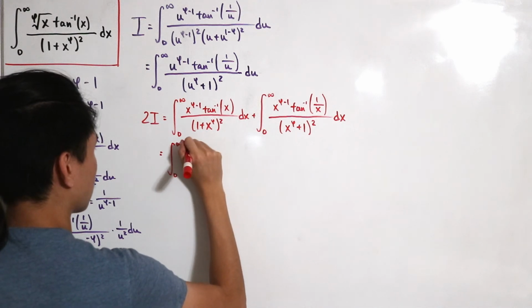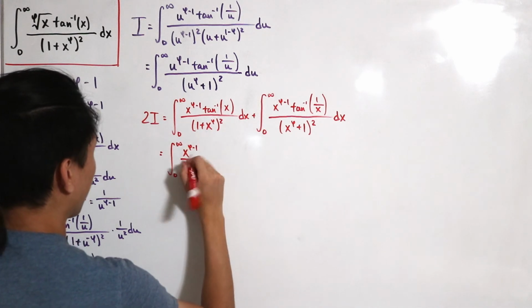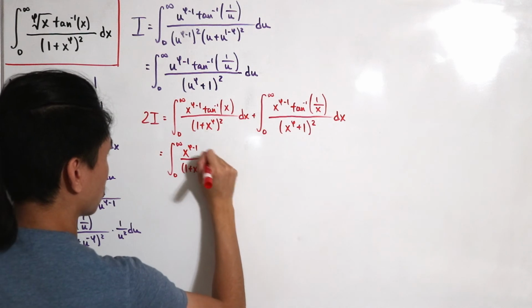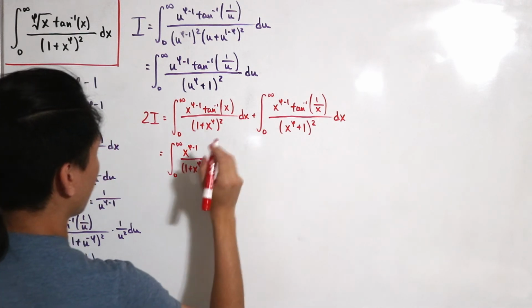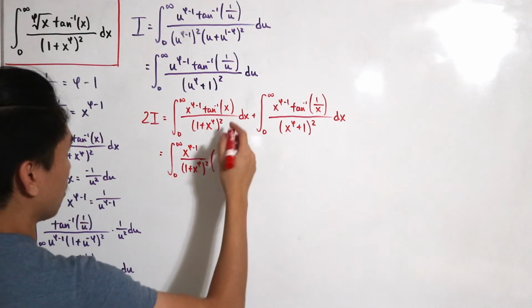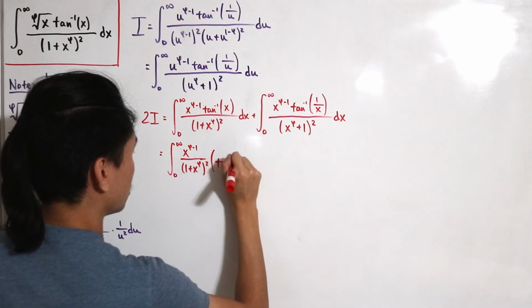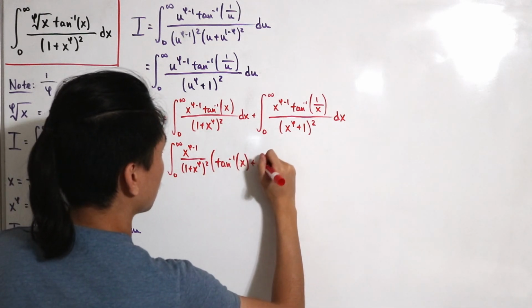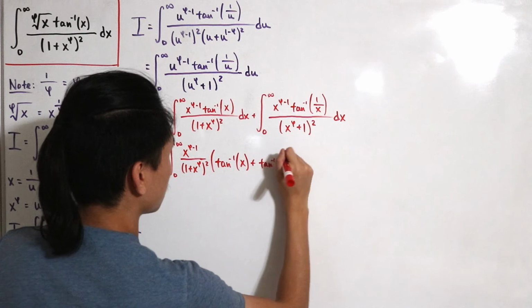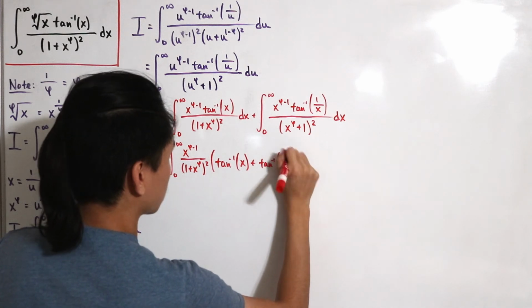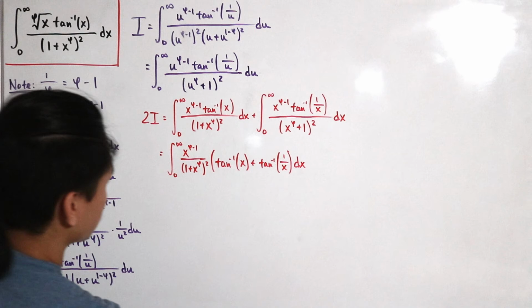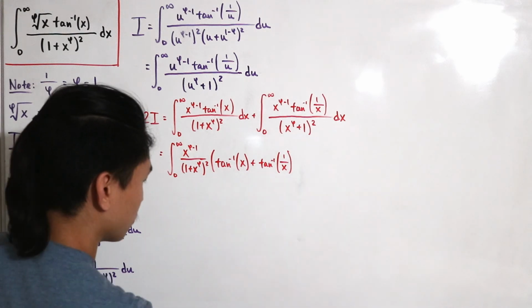So we have x to the 5 minus 1 divided by (1 plus x to the power 5) squared, and this is being factored out with the inverse tangent of x plus the inverse tangent of 1 divided by x, dx. Oops, I'm missing extra parentheses over here.